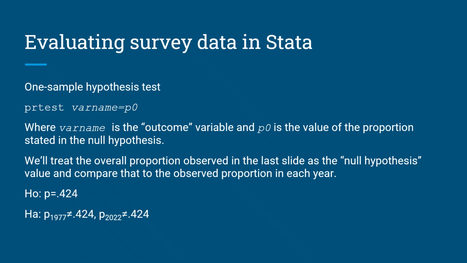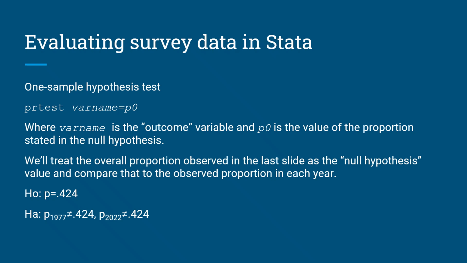So we talked the last time we met about how to do a one sample hypothesis test with proportions. So I'm just going to revisit that for a moment here and show that in Stata we can do this proportions test for a given variable and ask whether the proportion obtained from that variable is equal to the value stated in the null hypothesis.